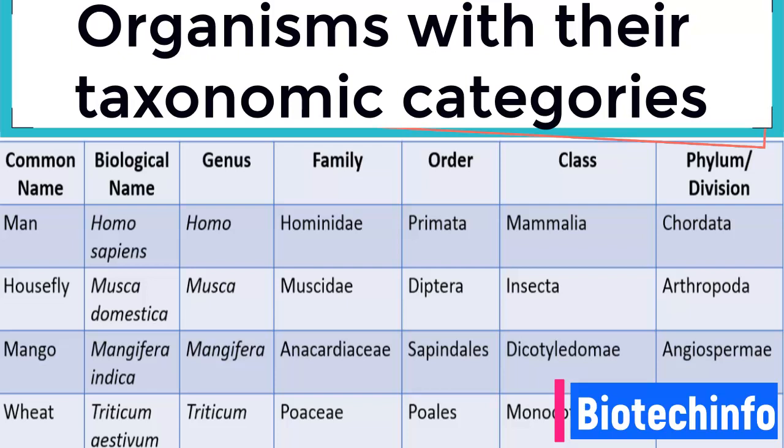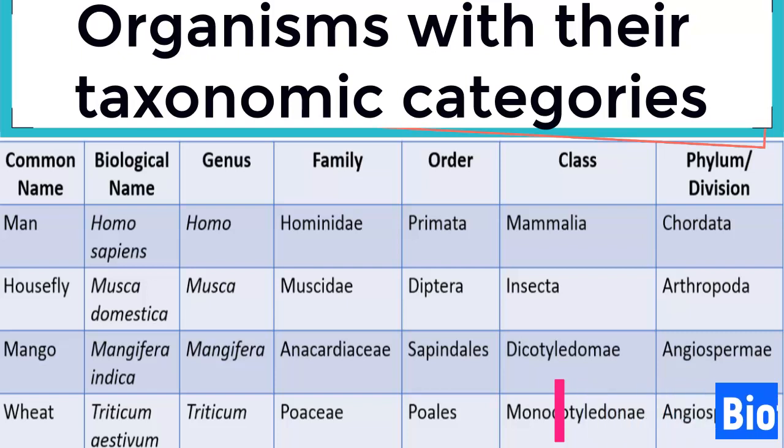Just now I told you that phylum represents the animals and division represents the plants. Here the common name is man, and biological name is Homo sapiens, and the genus is Homo, and family is Hominidae, and order is Primata, and class is Mammalia, and phylum is Chordata.